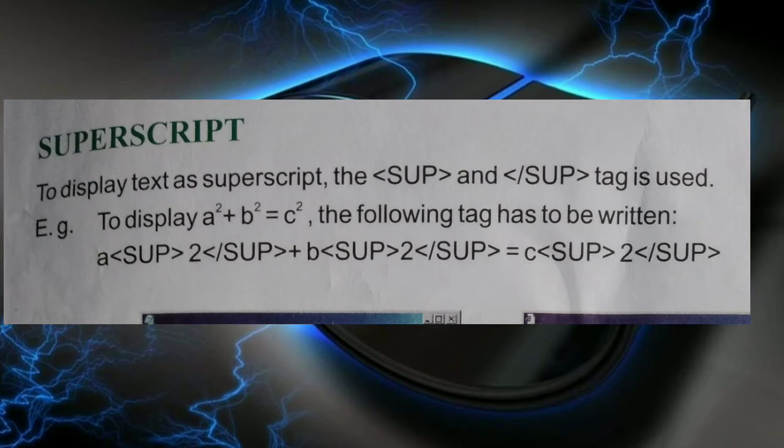For example, to display a square plus b square equals c square, the following tag has to be written: a open tag SUP 2 close tag SUP plus b open tag SUP 2 close tag SUP equals c open tag SUP 2 close tag SUP.